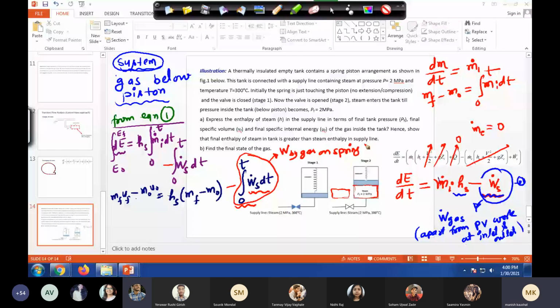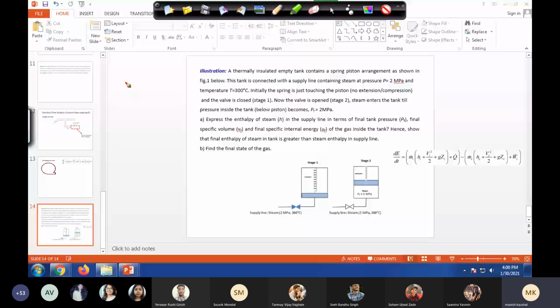Half x final square minus x initial square. Yes. Why don't we go with the fundamental thing: this will be the integral of kx dx from 0 to xf, and then we can convert x in terms of volume, right? kx becomes k v by a, and dx becomes dv by a. So the integral of k v by a squared dv from 0 to vf, because the initial volume is actually 0.